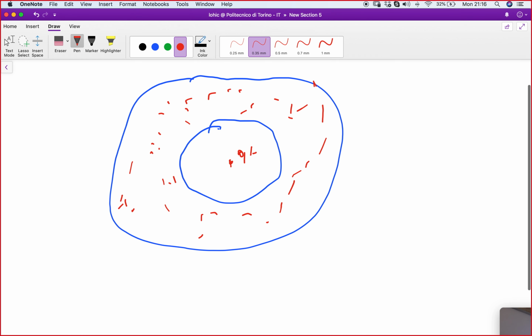But if you want the field here to be 0, what will happen if you put a positive charge here? As we put the positive charge here, the same negative charge will be distributed on this border. Is that clear? Some negative charge, but this negative charge will be exactly Q minus.